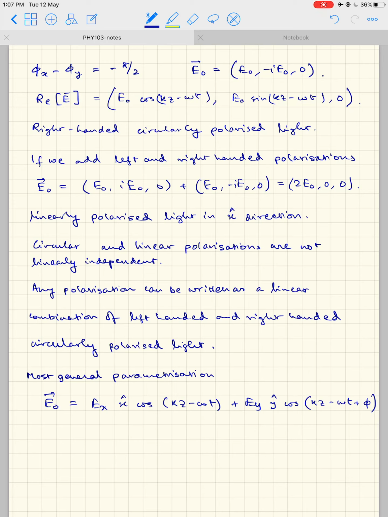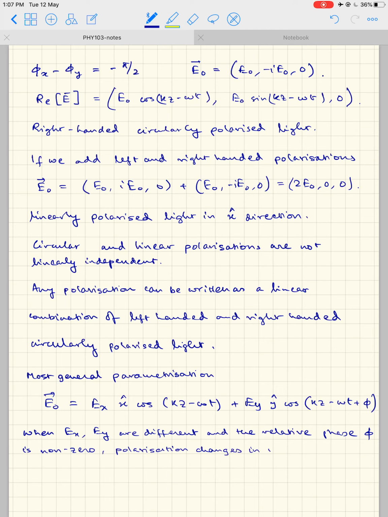So let me just write this down. When Ex, Ey are different, and the relative phase phi is non-zero, polarization changes in magnitude as it rotates in the xy plane.